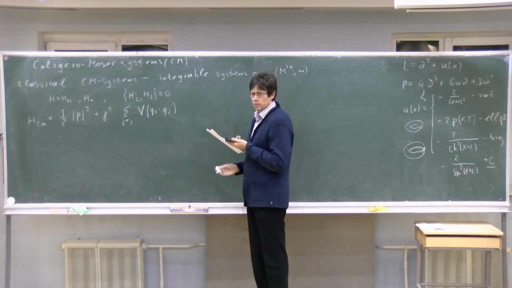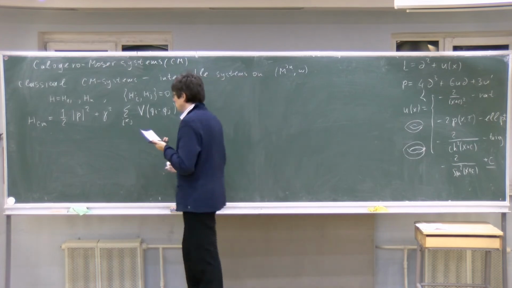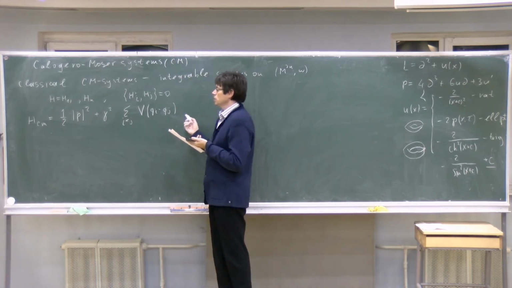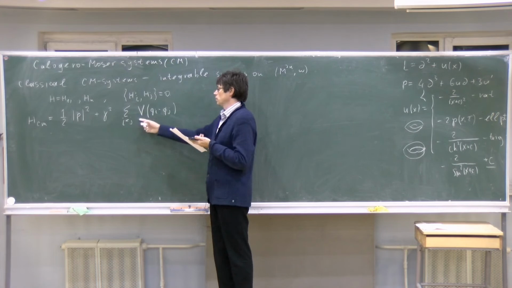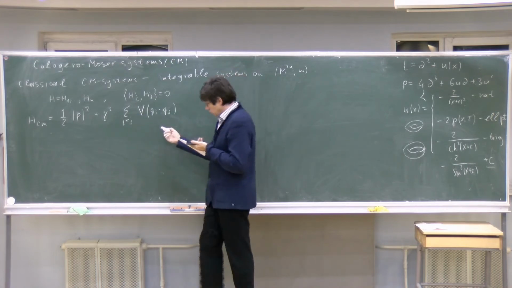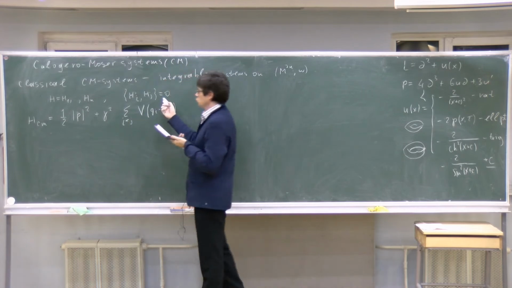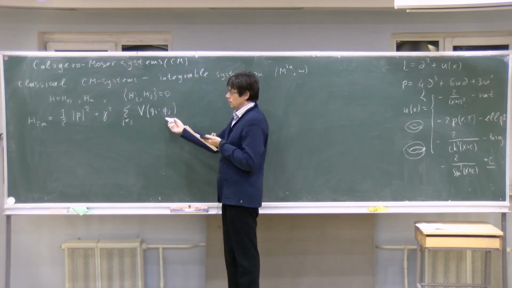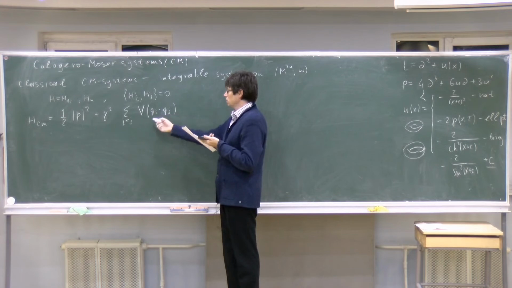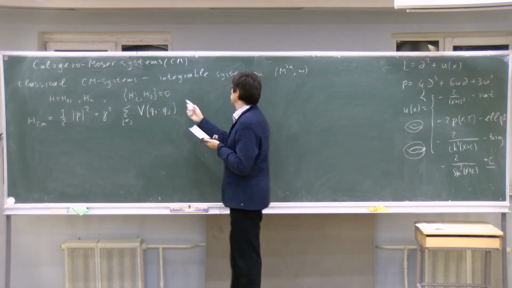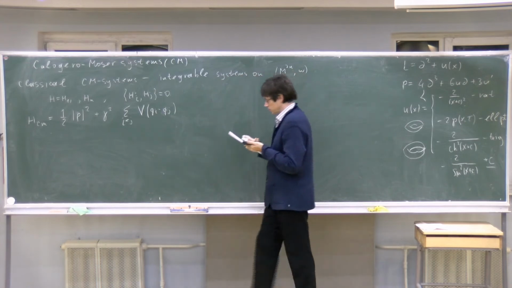This system is integrable in the real sense. Well, the main question in the theory is what is the potential V. It should be integrable in the classical sense. And p and q_i are the usual coordinates on M, R^2n.